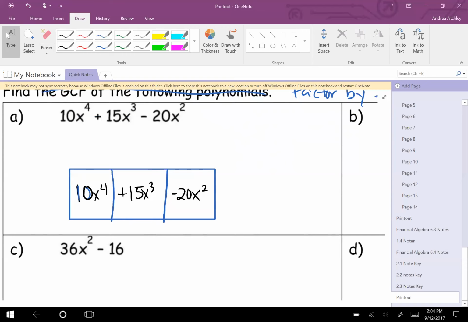Jacob M, what can they all be divided by? 5. And what about the exponent? What's the smallest exponent that the x has? The x squared, so we're going to factor out an x squared.